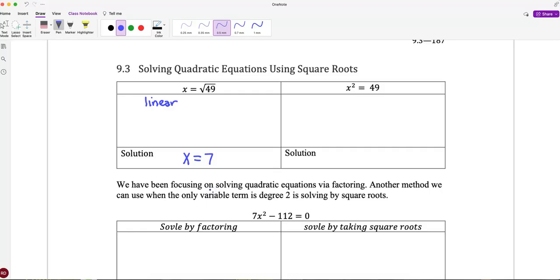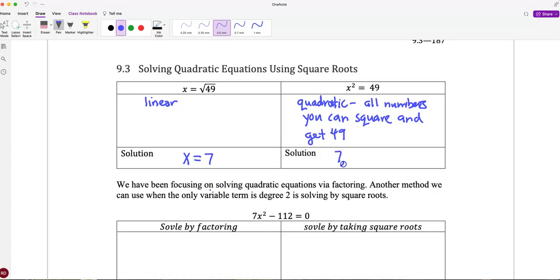Now it's a little bit different when I see x squared equals 49. This is a quadratic equation. And the interpretation is the solution would be all the numbers you can square and get 49.